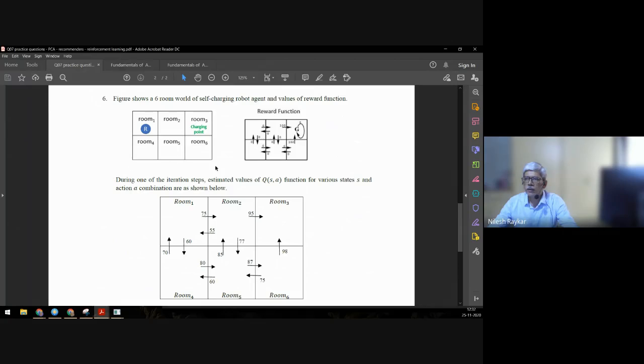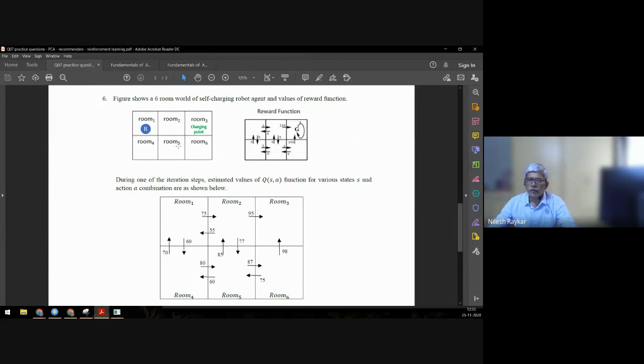We have 6 rooms and a robot in one of the rooms, and the performance measure is how fast the robot can reach the charging point, which is in room number 3. From any of the 6 possible states, how do we reach room number 3? That is the performance measure.